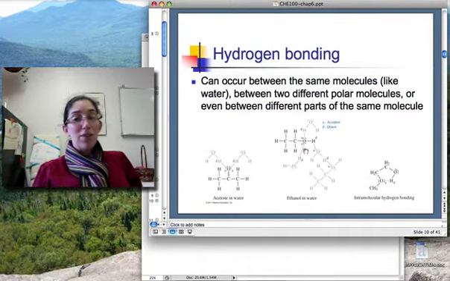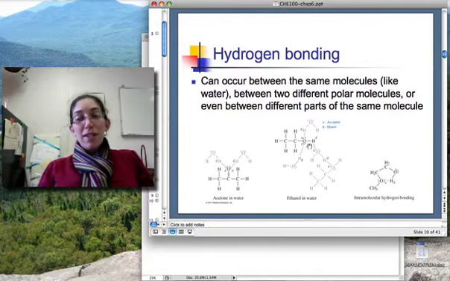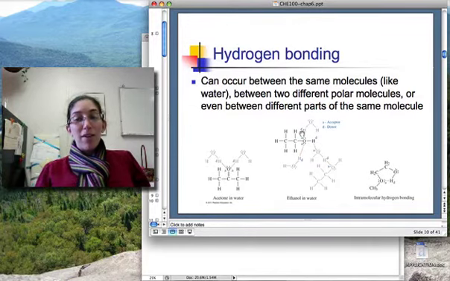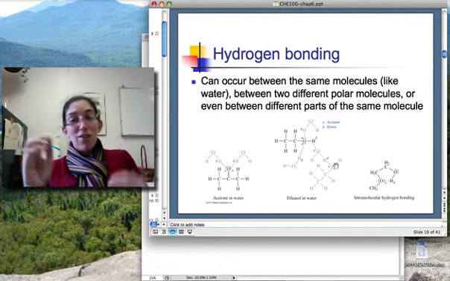It's got an oxygen with lone pairs, but it also has a hydrogen bond donor because it has a hydrogen that's bonded to that oxygen. So it can engage in hydrogen bonding with water through its acceptor. The oxygen can bond to the hydrogen of water, or the hydrogen of the alcohol group of ethanol can bond with the oxygen of water. Okay, so there are different ways to engage in hydrogen bonding.